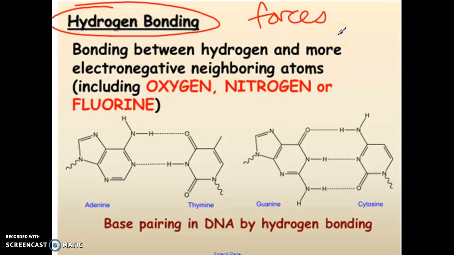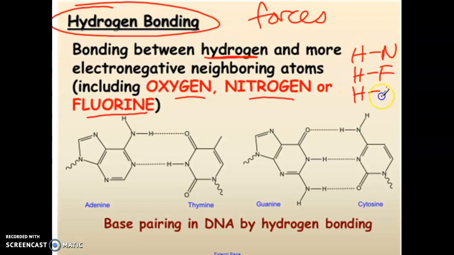You know that hydrogen bonding forces exist if you have hydrogen bonded to an electronegative element. There are 3 it can be: hydrogen bonded to nitrogen, fluorine, or oxygen. If you have any of these bonds in your molecule, that tells you that you have hydrogen bonding.